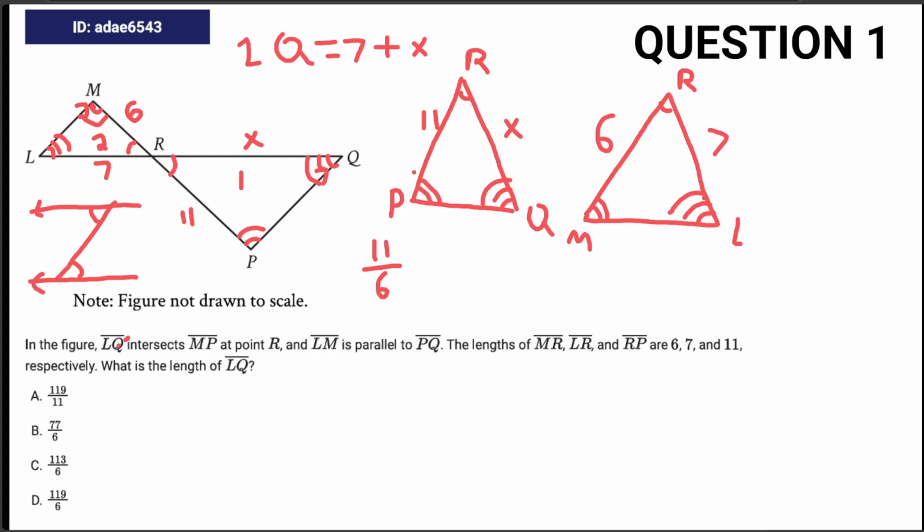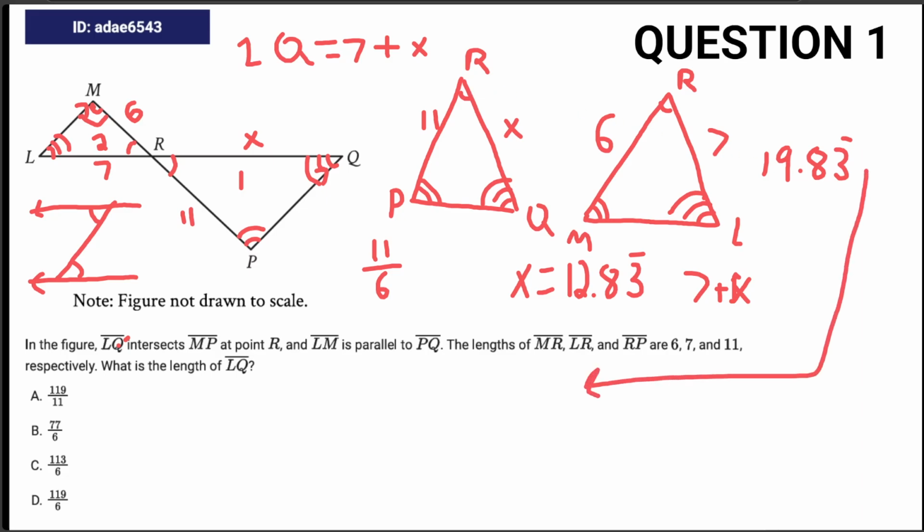So we know that X equals 12.83 repeating. That's awesome. But we need to find LQ, which would be 7 plus X, which would be 19.83 repeating. And that would be LQ, so that would be the answer.